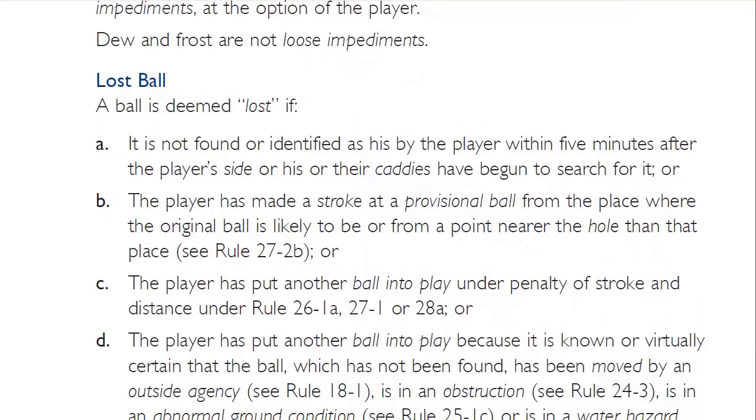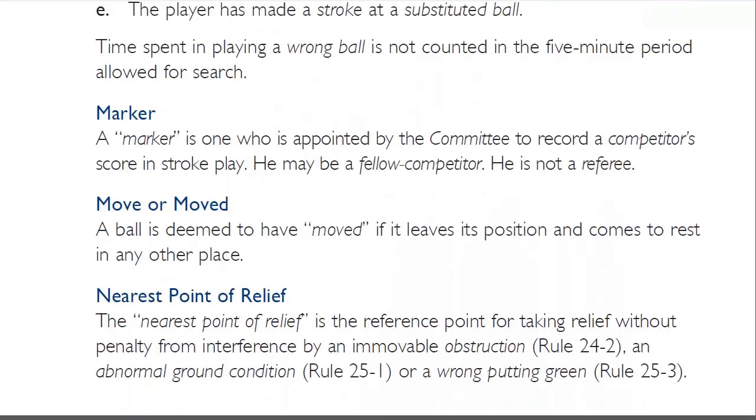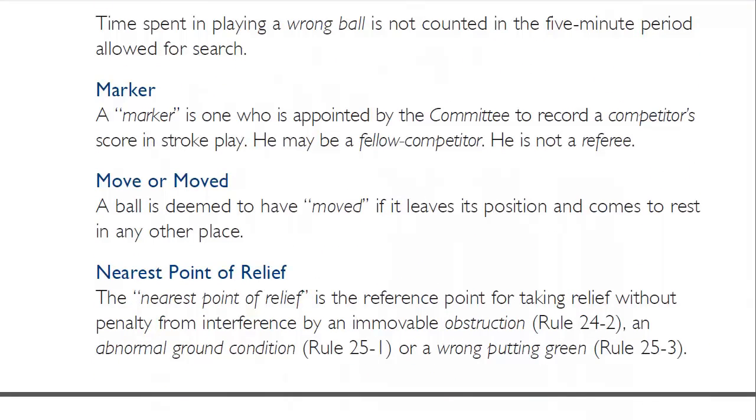All right, moving on with the terms, we've got lost ball. Marker. Marker is used in every level of competition. A marker is one who is appointed by the committee to record a competitor's score in stroke play. He may be a fellow competitor, but he's not a referee.